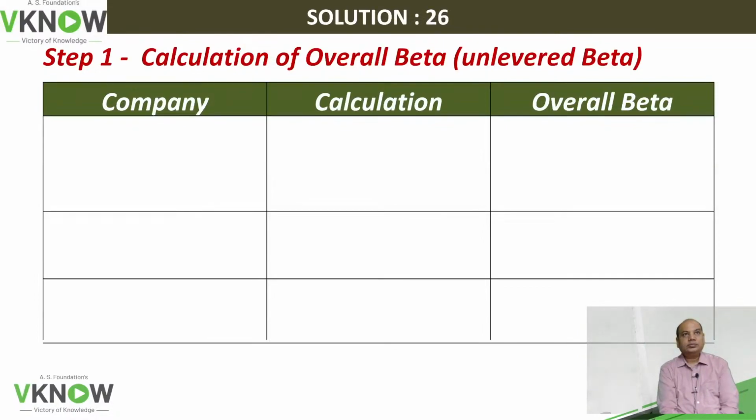Calculation of overall beta or unlevered beta. Under that, 3 columns: Company, calculation, overall beta.